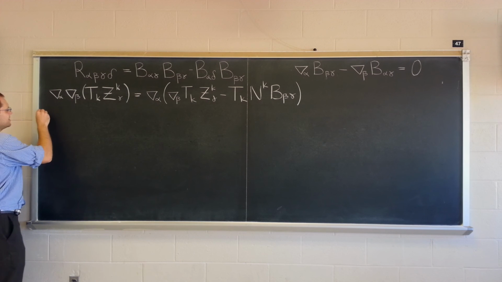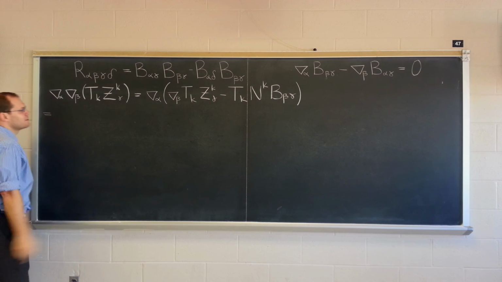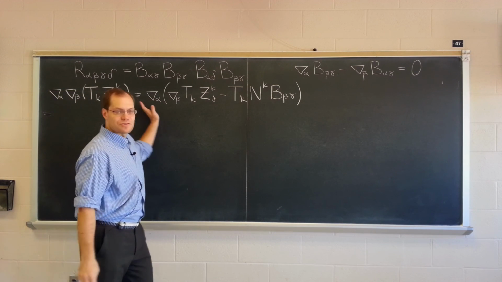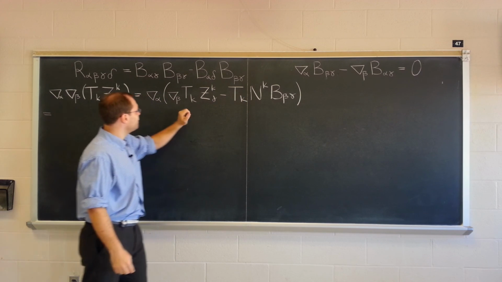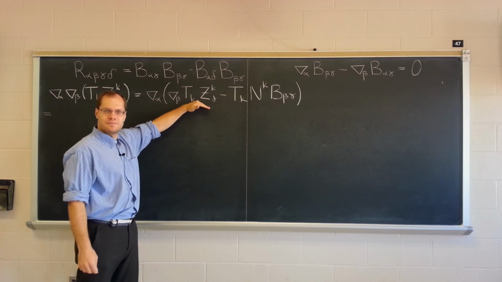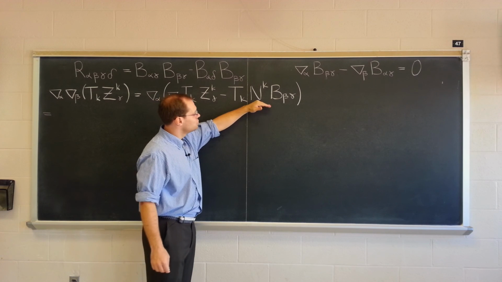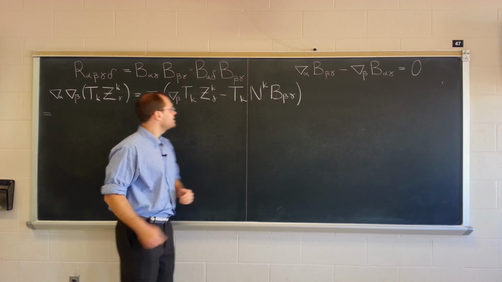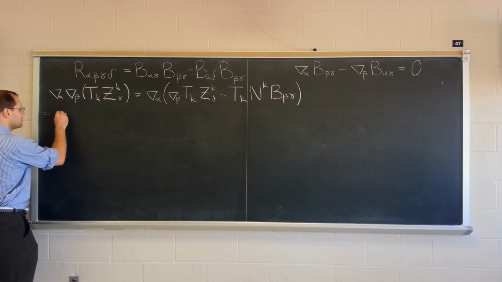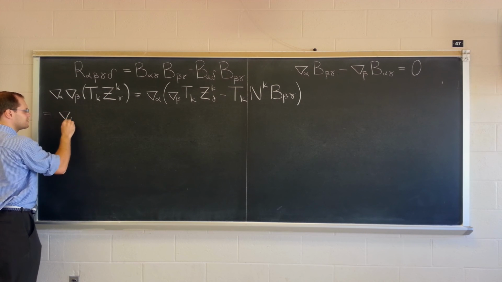Let's continue with the second step of our analysis, which will be applying the product rule to this whole thing. So we're going to have 5 terms, 2 from here and 3 from here. So let's discover what those terms are. The first term is, of course, this.